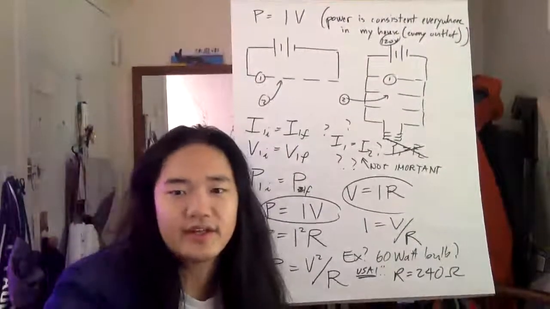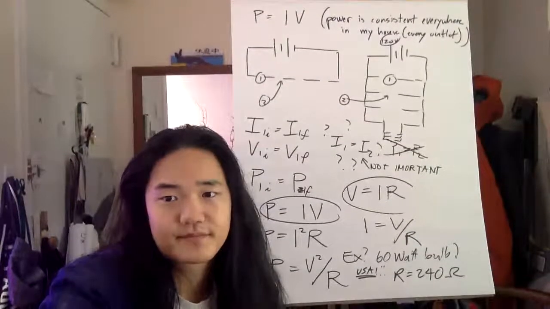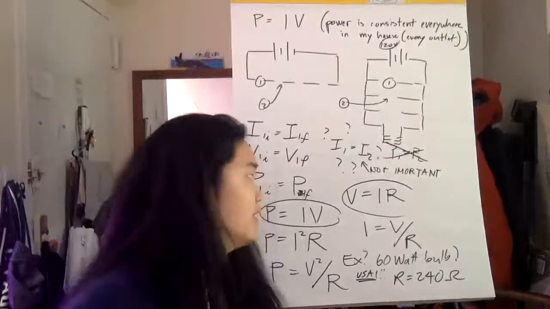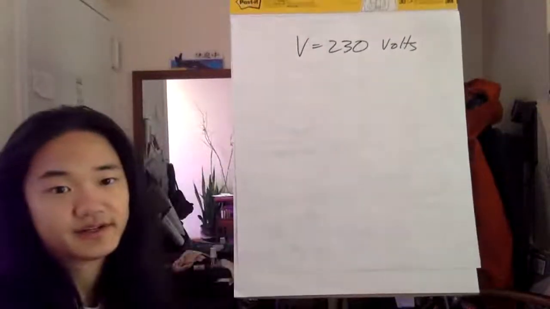In England, the standard voltage supplied by an outlet, if you guys didn't know, is 230 volts, which is much bigger than the American 120 volts.